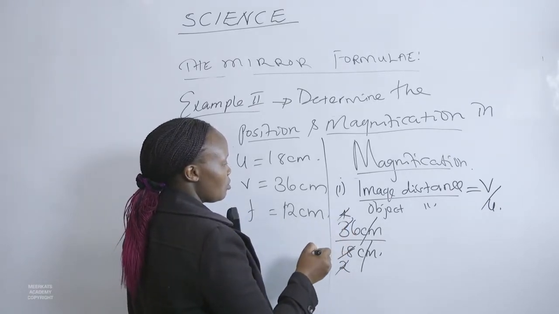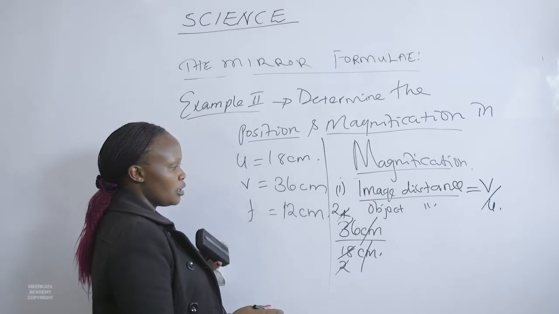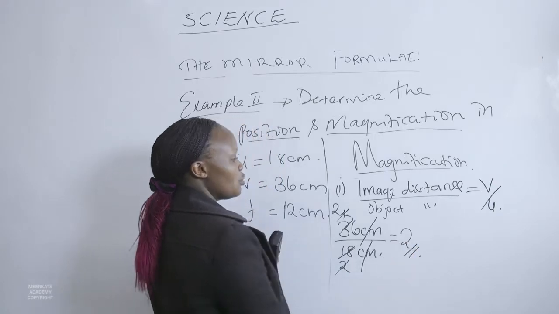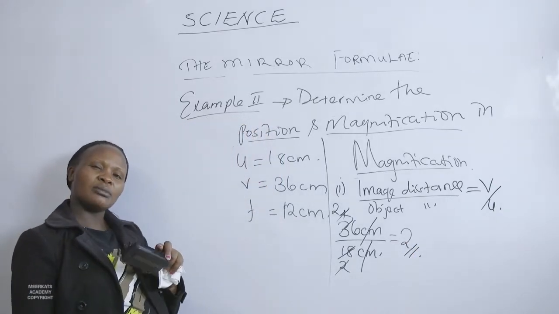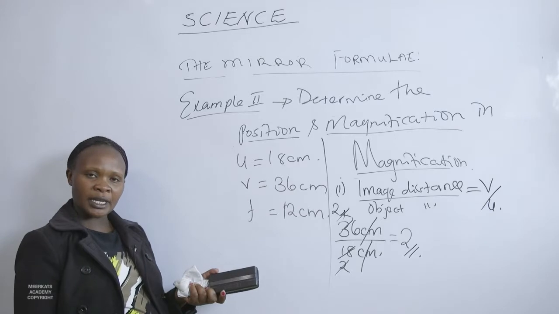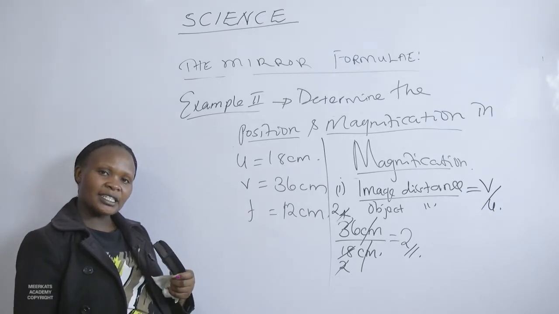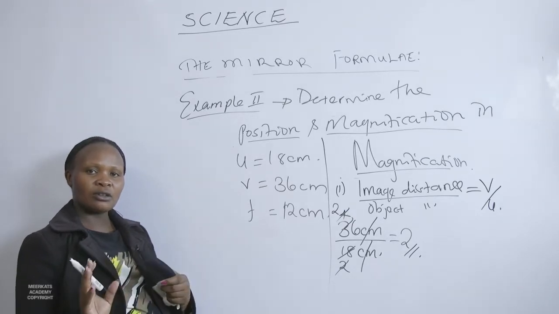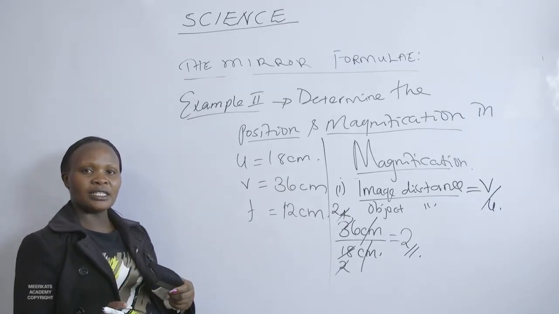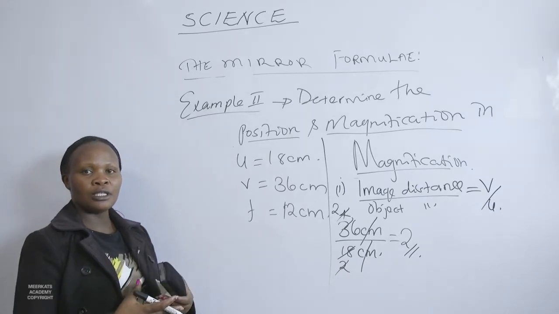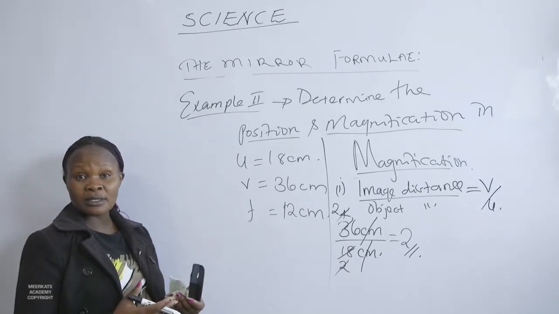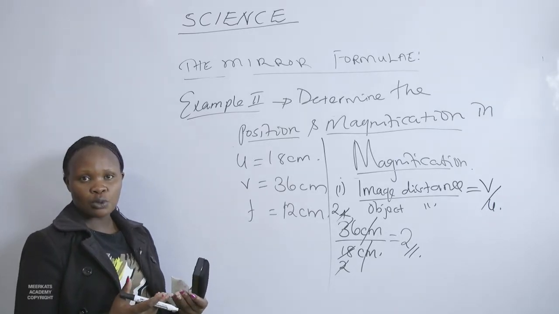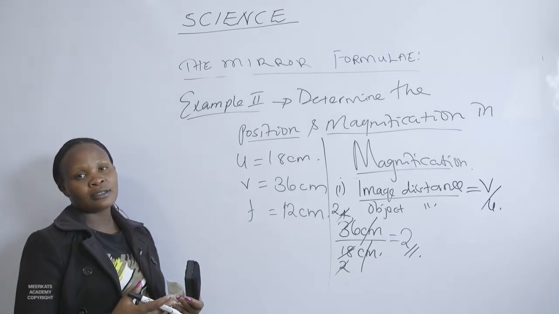Then we can cancel by 2, 1 by 2, 2. So that our magnification becomes 2. Now, what does magnification of 2 mean? It means that if you compare the size of the object and that of the image, the size of the image is actually twice that of the object, that the image is twice as big as the object.